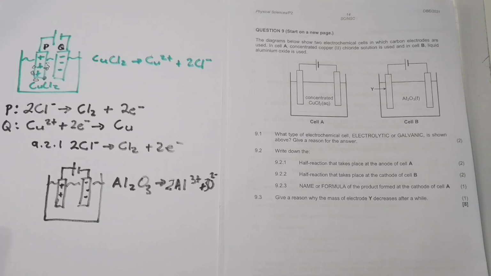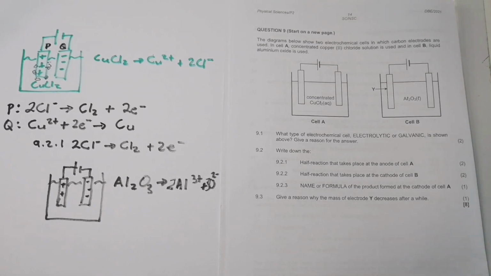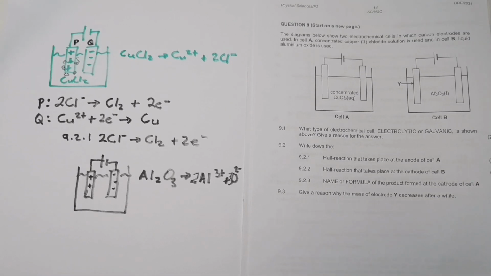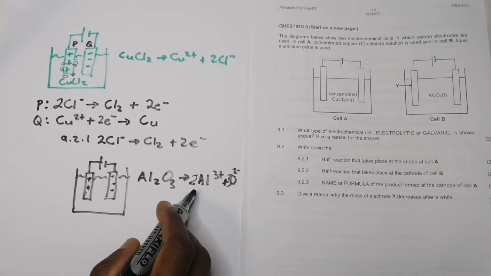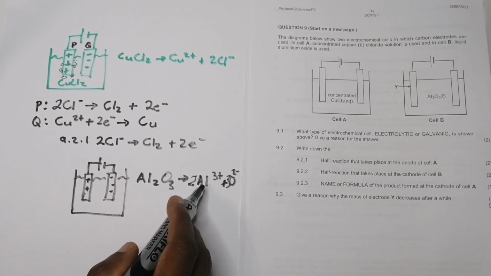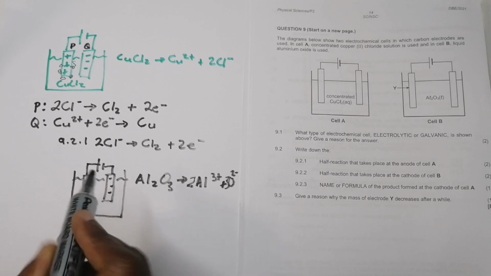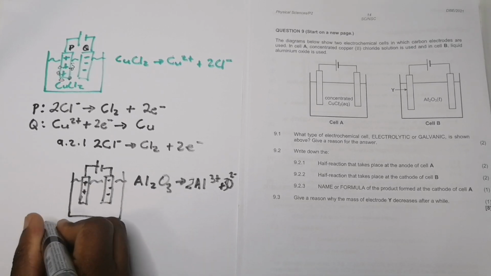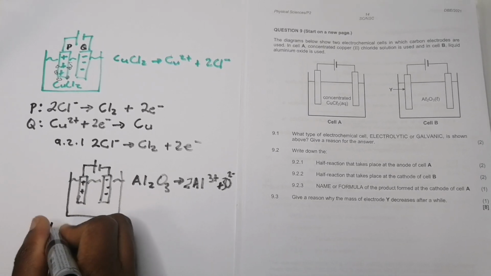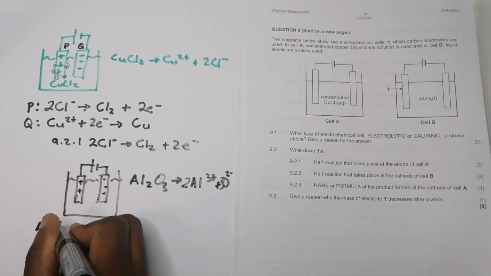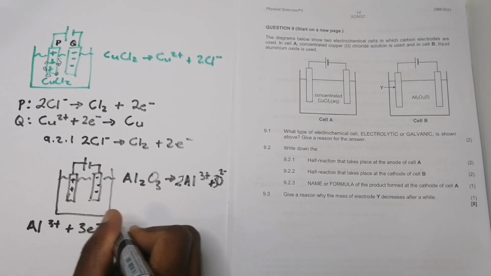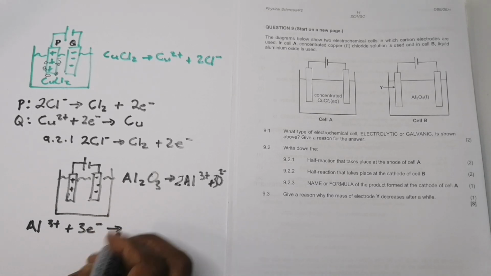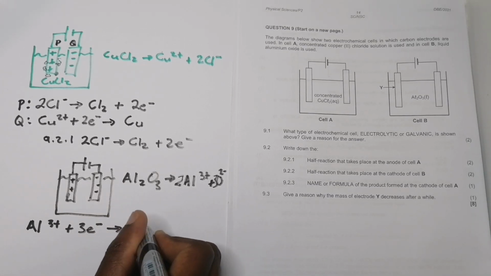Let me see if I can find the half reactions in the other cell. Nah, in fact, let's just continue. Aluminium would be attracted towards the negative side. So you'll have Al3 plus ions receiving 3 electrons, and they would become aluminium.